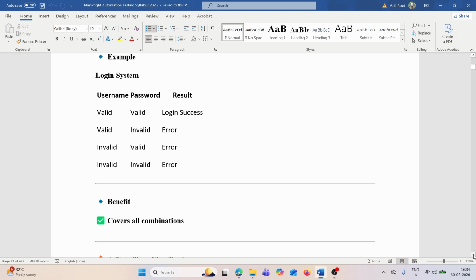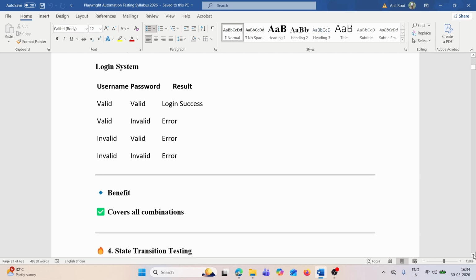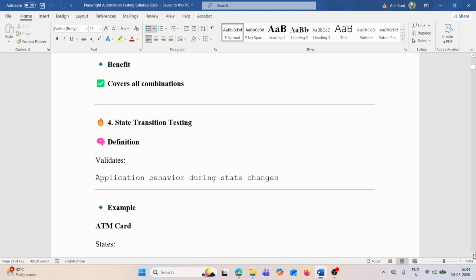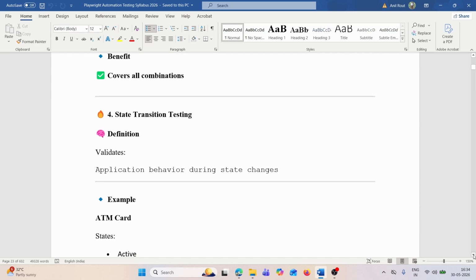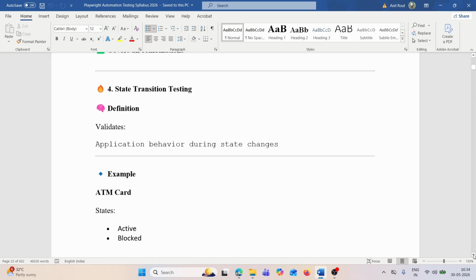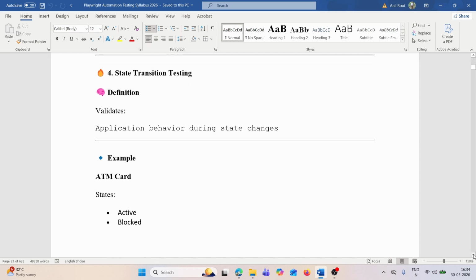Username valid, password valid, login successful. Username valid, password invalid, error. Username invalid, password valid, error. Username invalid, password invalid, error. Benefit: covers all combinations.